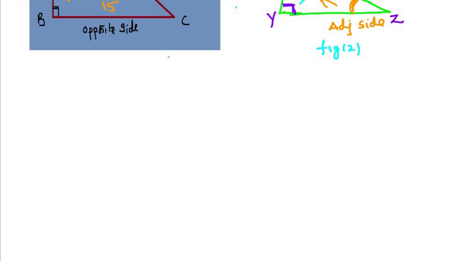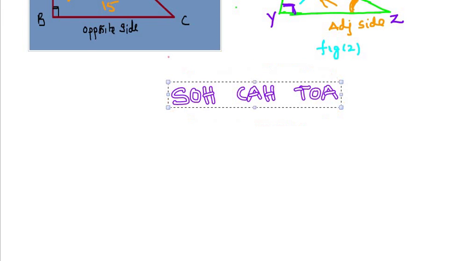By these ratios we can put it in a simple code which I am writing. Just observe. SOH, CAH, TOA, a simple code which will help us in our problem.